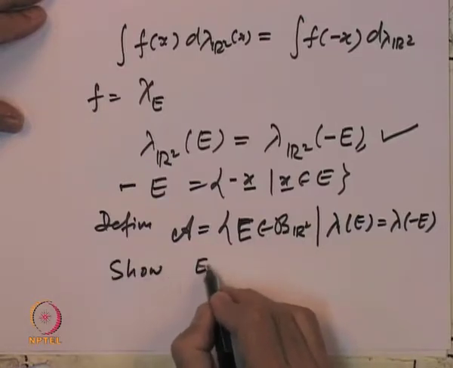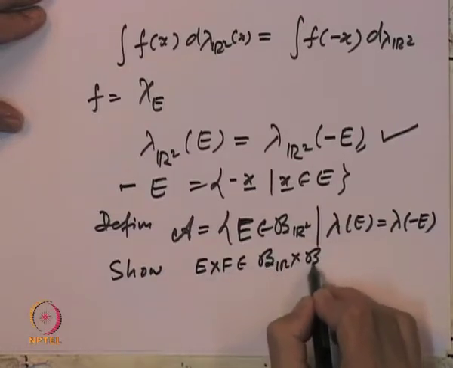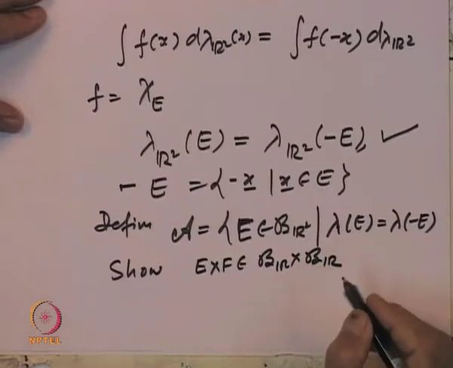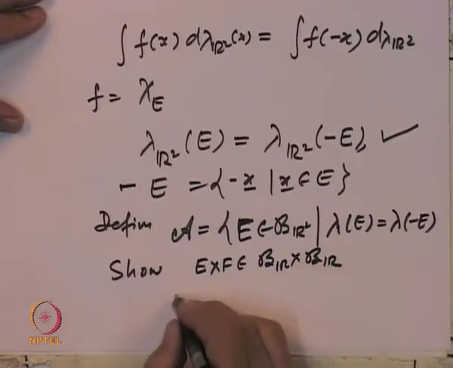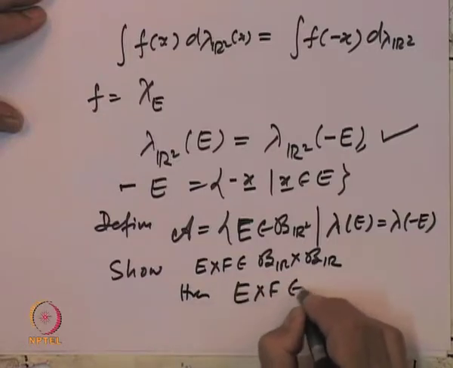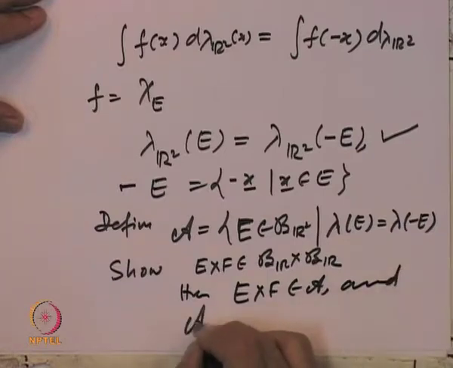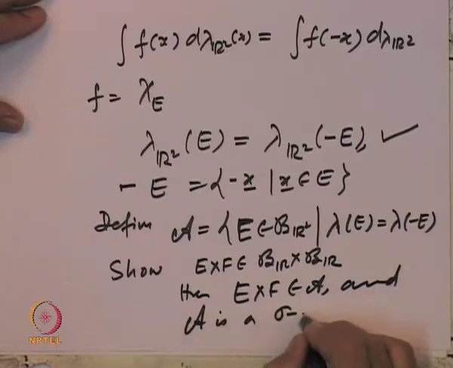That means, if I take sets E cross F belonging to B R cross B R, then E cross F belongs to A, and A is a sigma algebra.